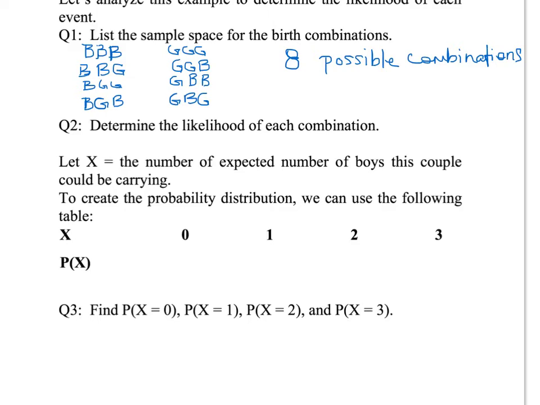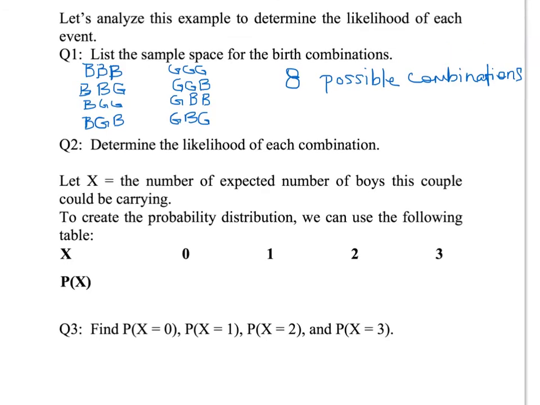So for any one birth, whether it's the probability of boy or the probability of girl, I have the same chance, which is 1/2. And so for any combination of 3 trials, using the multiplication principle or the idea of independent events, we could determine the probability of any one of these to be the same.